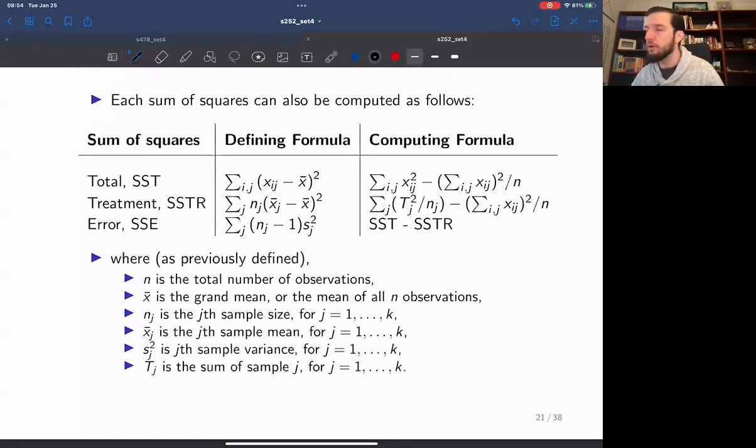Okay, so the computing formulas are how I recommend going about finding the sum of squares that we require for the data sets that we're going to be working with. You can use the defining formulas as well, but obviously by hand, that's going to be very tedious. Again, the definitions for each of the components are shown on slide 21, but we had to find these earlier when we looked at data layout for the one-way ANOVA.